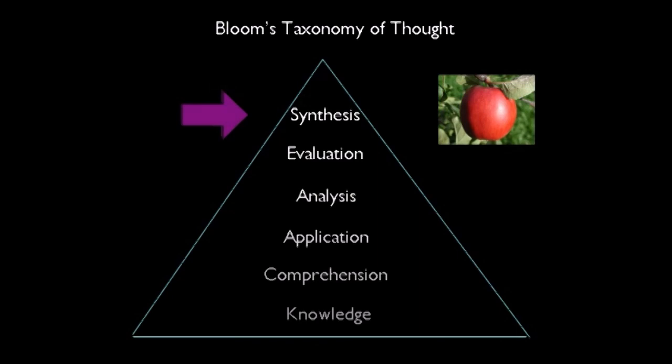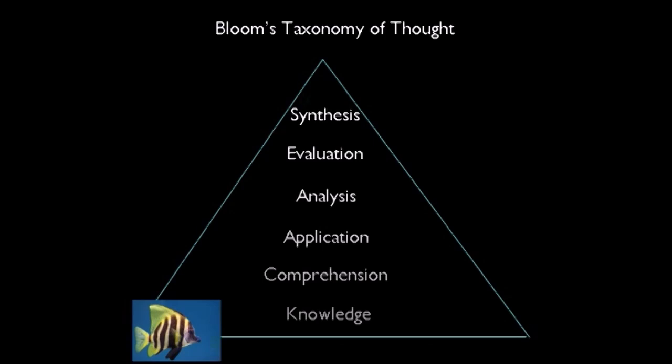These levels are not simply different, they all build on each other hierarchically. In other words, synthesis is not only different from analysis, it is also more difficult and displays a higher level of reasoning. A fish can think at a knowledge level and might remember that an owner opening a box of fish flakes above the tank means dinner.